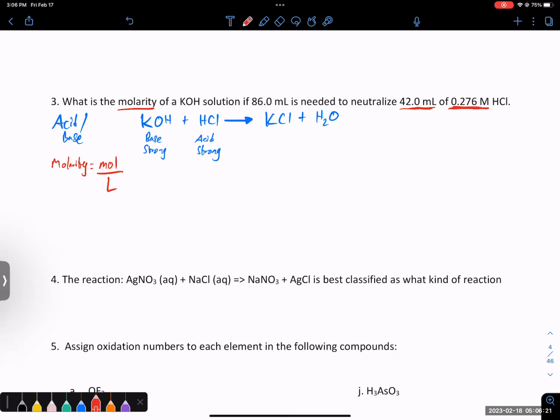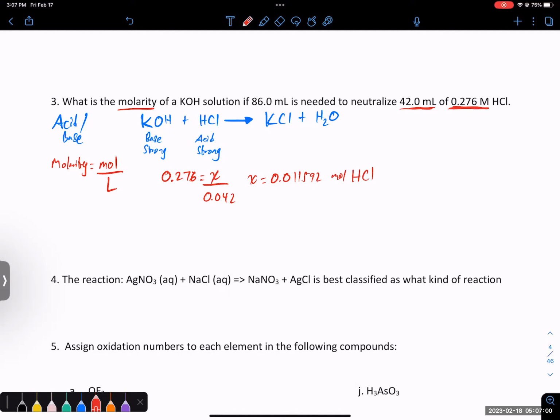So what we can go ahead and do is say 0.276 equals the amount of moles, that's what we don't know yet, divided by our volume. It's 42 milliliters, but do we want it in milliliters? You need to convert to liters. So I take the 42 divided by 1,000, that's 0.042. You solve this out, and your X will be equal to 0.011592 moles of HCl.